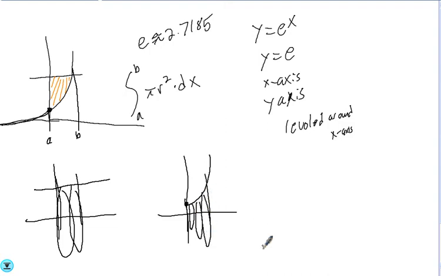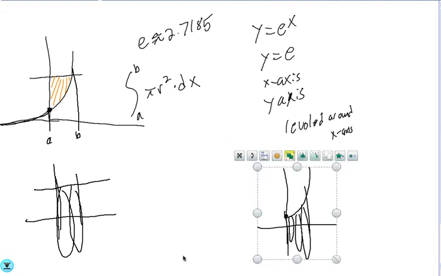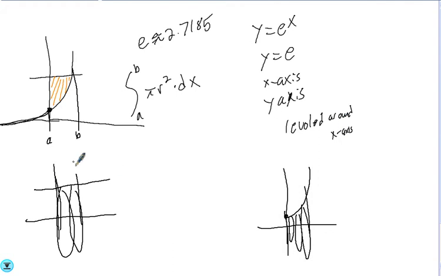So it's like we're finding this volume and then subtracting away this volume. So I want to get two separate integrals. One is the integral from a to b for this function, and then a second one where the radiuses are going to be different, and then we're just going to subtract them in the end.